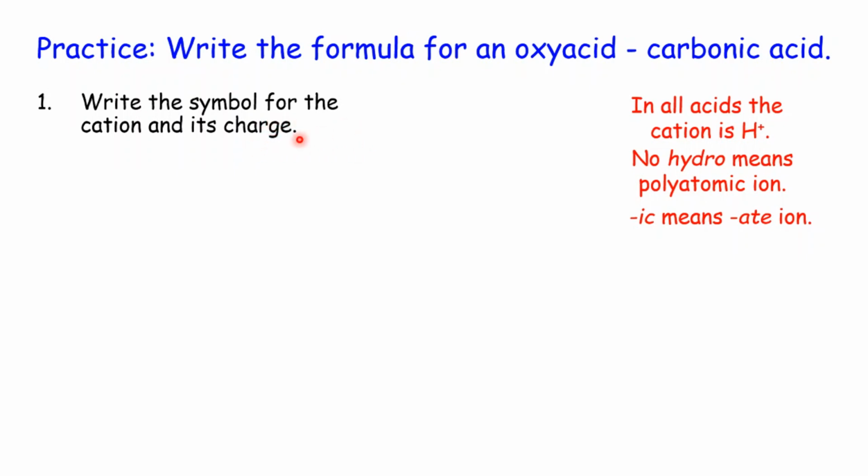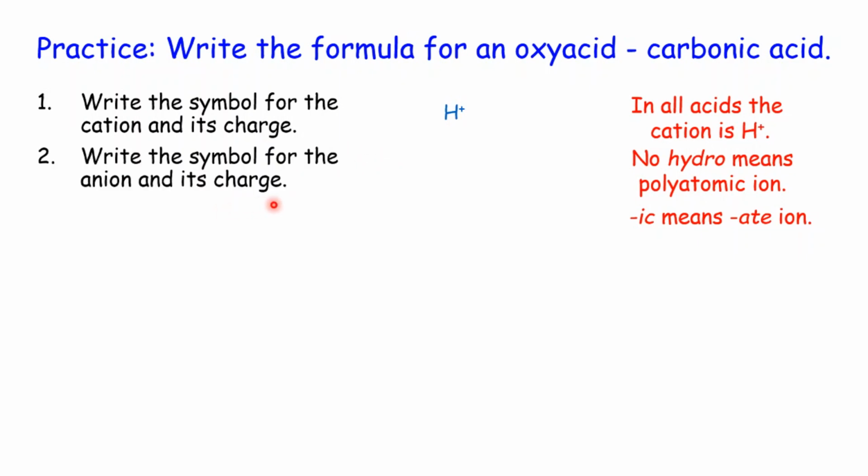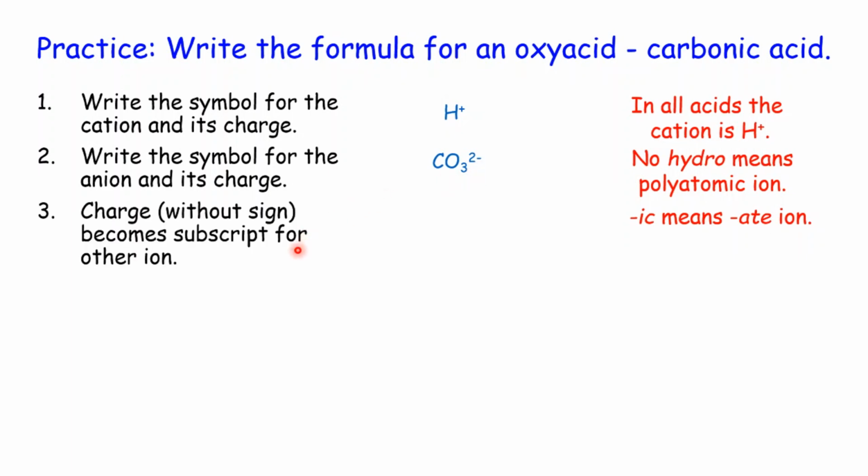Write the symbol for the cation and its charge, H+. Write the symbol for the anion and its charge. Of course, that should be carbonate, 2-. And then the charge becomes the subscript for the other ion. That's why for hydrogen you now have 2, because the charge for carbonate is 2-.